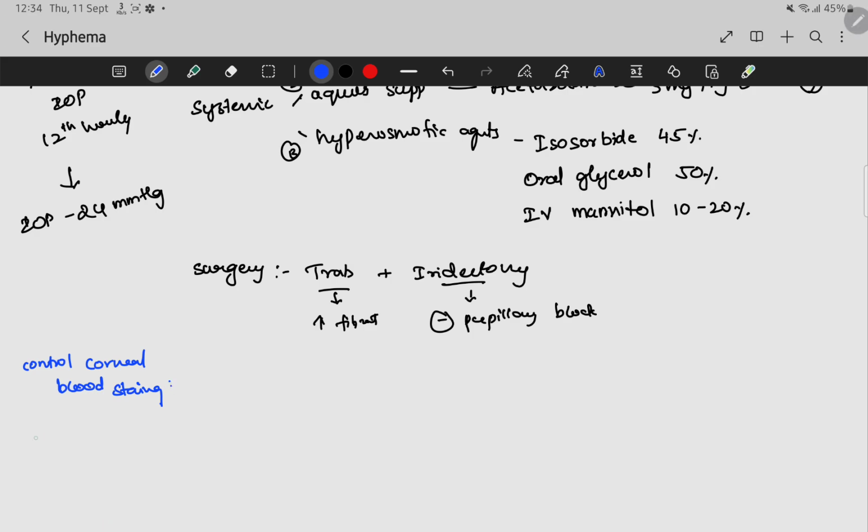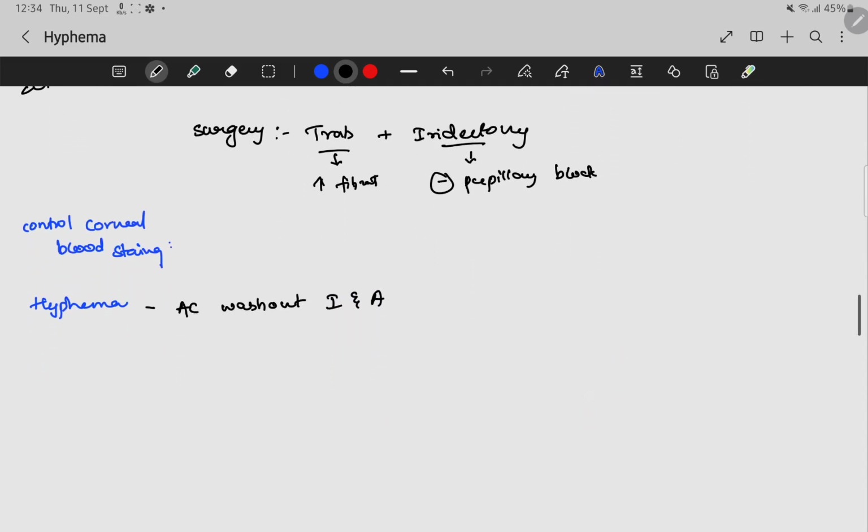Then we have the management of hyphema. So how do we manage this hyphema? We can either do an AC washout with INA or AC paracentesis.